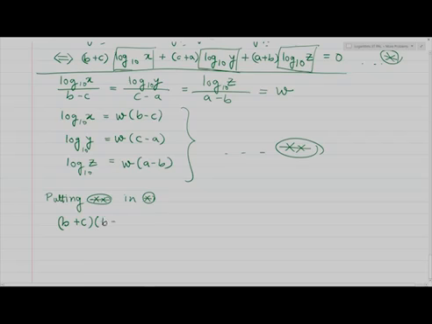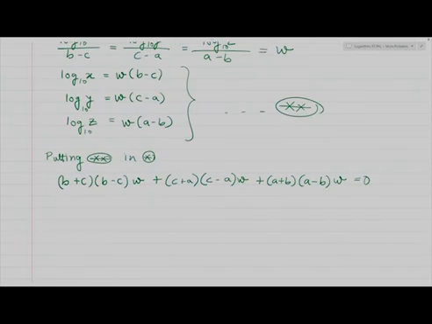So let me write b minus c into w plus c plus a as it is into c minus a into w plus a plus b as it is into a minus b into w, which is equal to 0.